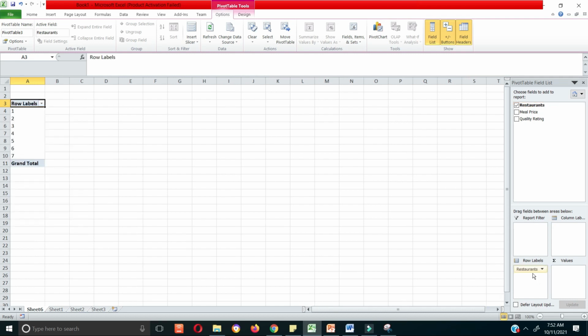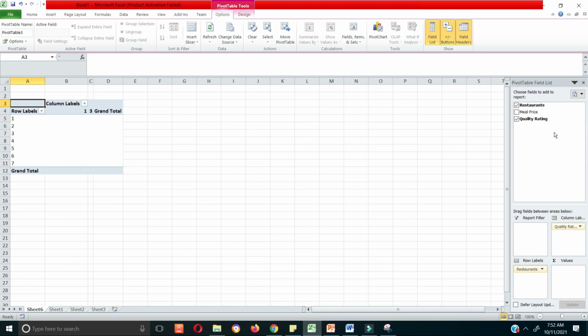Then the columns are going to be, because we said on the columns we actually want the independent variable, and that is going to be meal price.